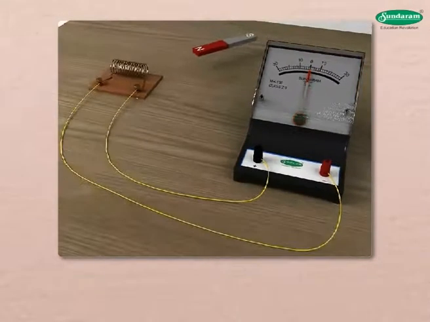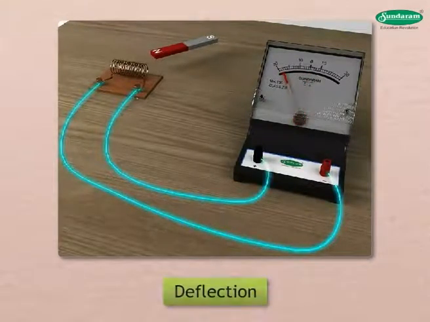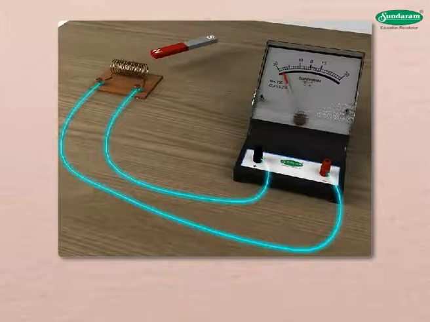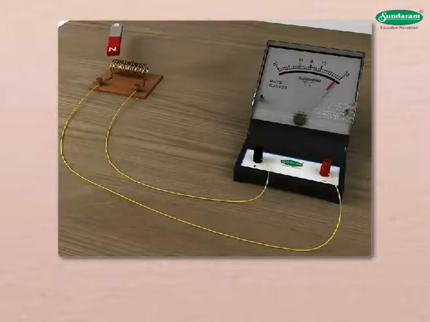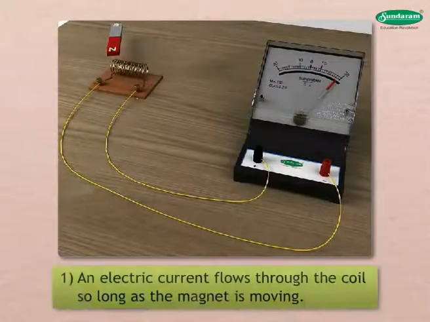Now, the magnet is moved towards the coil. You will see deflection in the galvanometer. Now, take the north pole of the magnet away from the coil. You will see a deflection in the galvanometer, but in the opposite direction. Thus, we can conclude that 1.